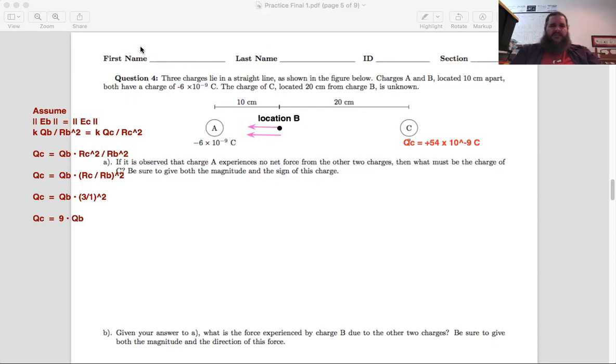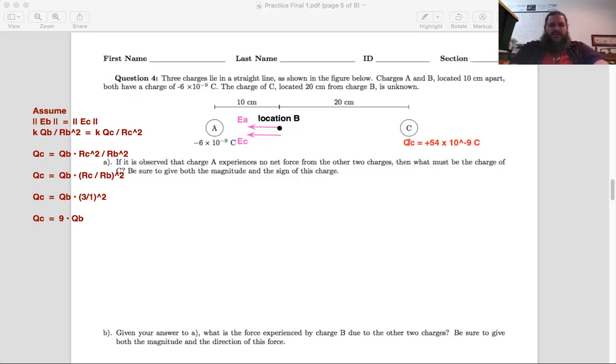Since A and C are both creating electric field to the left at location B, let's see if we can find the total electric field there. Each one of those, EA and EC, is a field created by a point source charge, so we can use the usual formula kQ over r squared.